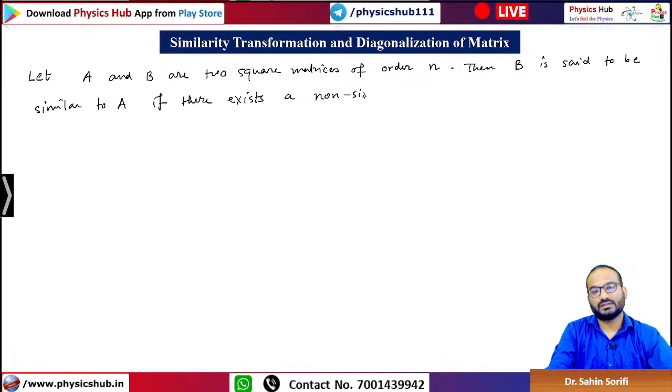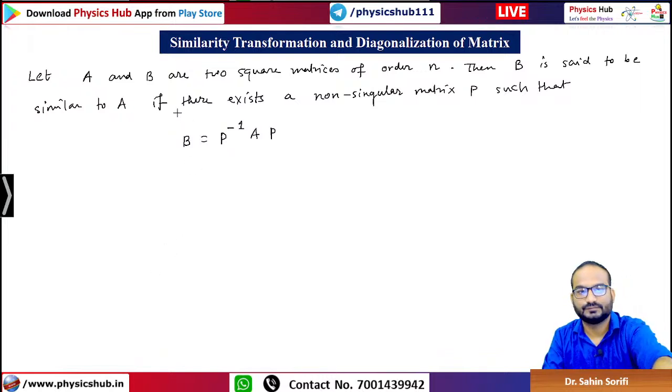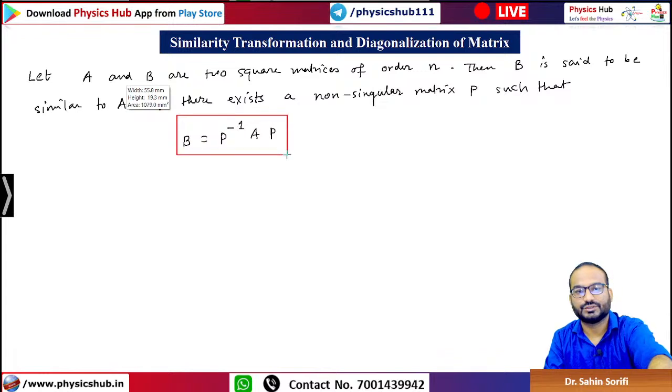Non-singular, I have already defined. What is non-singular? Having non-zero determinant. If there exists a non-singular matrix P such that B can be written as P inverse AP, okay, so this is called the similarity transformation.